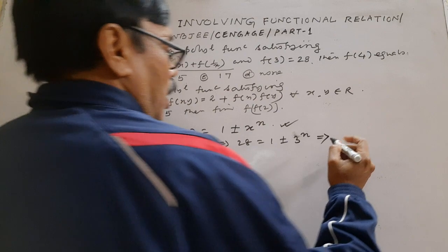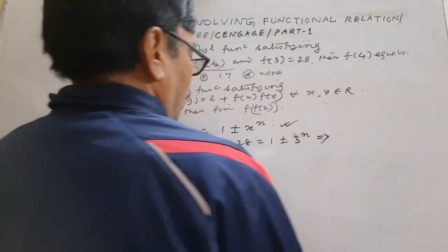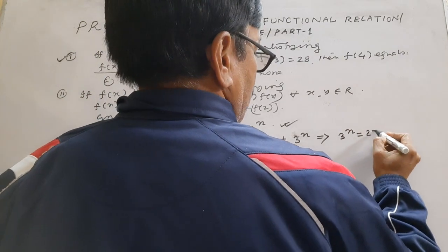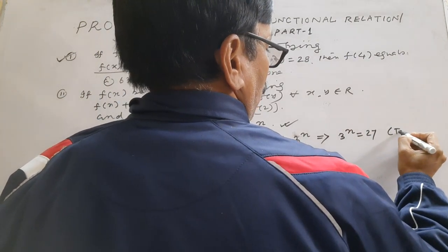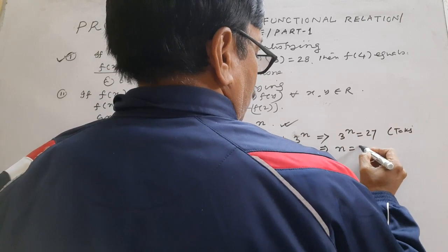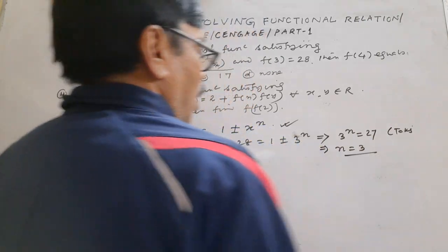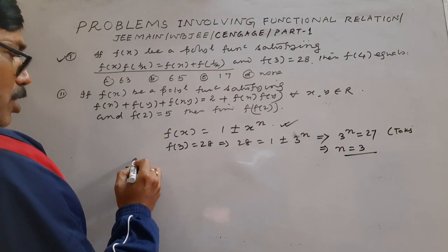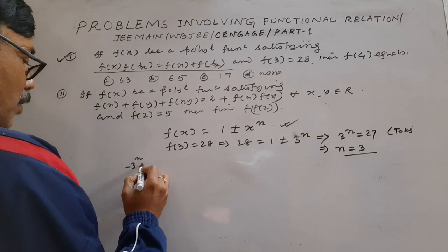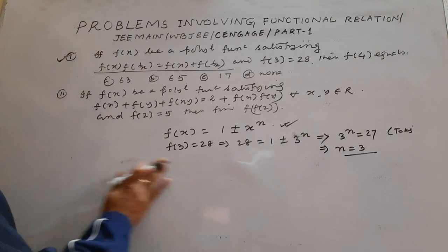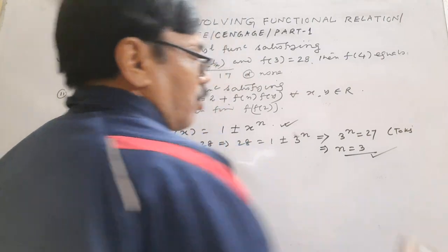So this implies 3 to the power n equals 27, taking positive. So n equals 3. If you take negative, minus 3 to the power n equals 28, so that is not possible. So we are getting n equals 3.